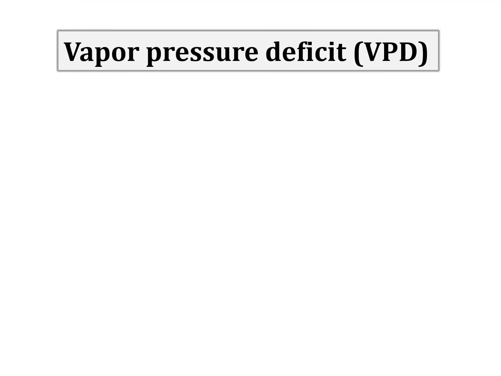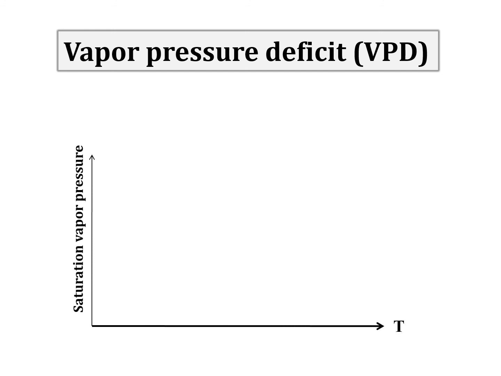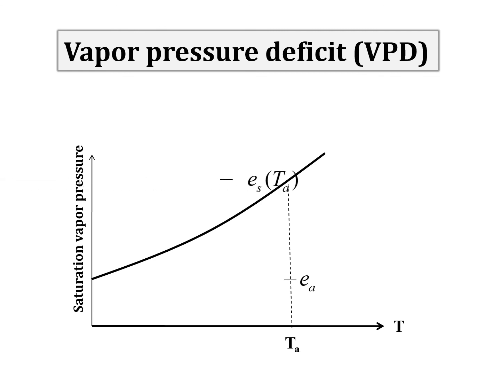Here we introduce another concept, vapor pressure deficit. This axis is the temperature, and this is the saturation vapor pressure. So we know this is the saturation vapor pressure curve, and this is the air temperature. We have the vapor pressure, which is how much water vapor is actually in the air, and this is the saturation vapor pressure.